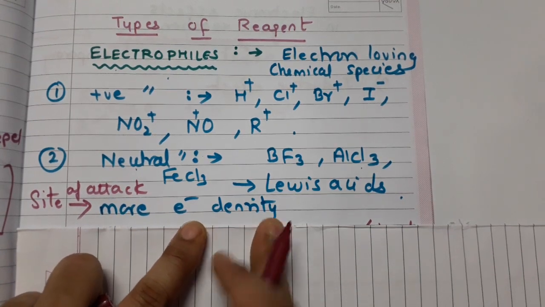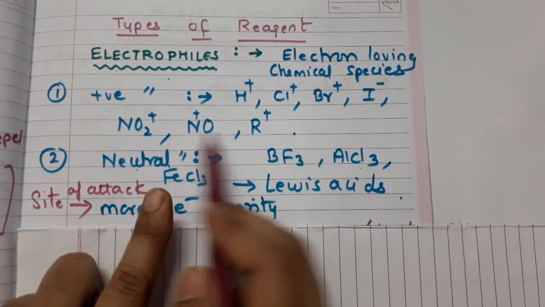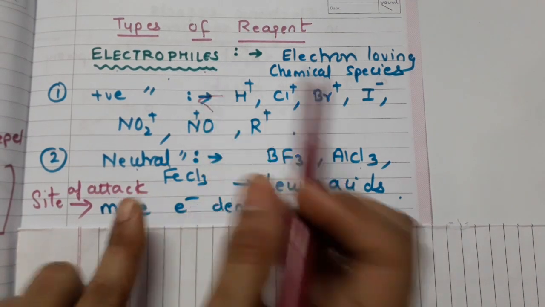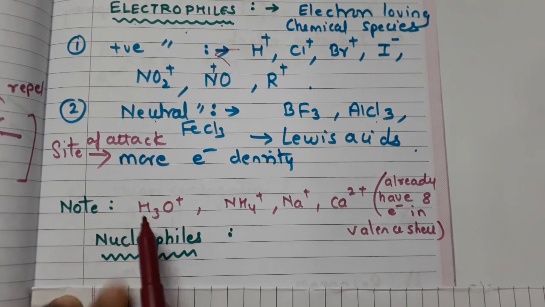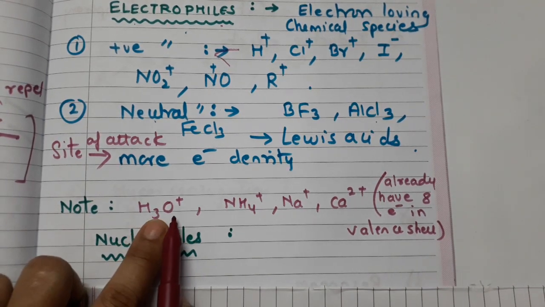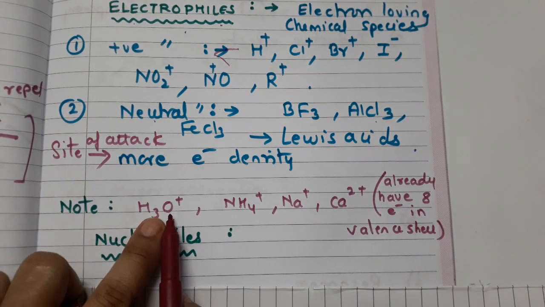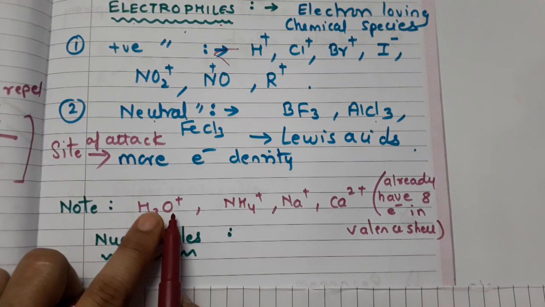So does it mean that all the positively charged ions are electrophiles? No. See, we have certain examples, like we have hydronium ion. Now we all know in hydronium ion, oxygen is stable with the 8 electrons around.